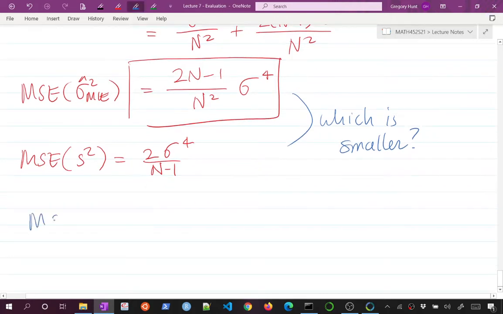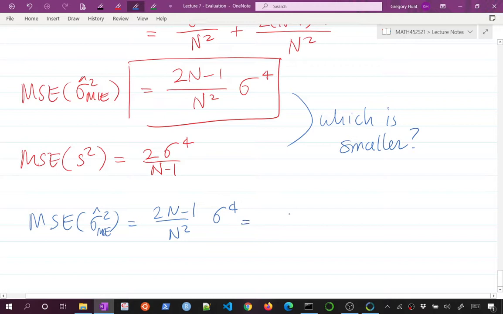Notice here that the MSE of sigma hat squared, that is our MLE, is 2n minus 1 over n squared sigma to the fourth.